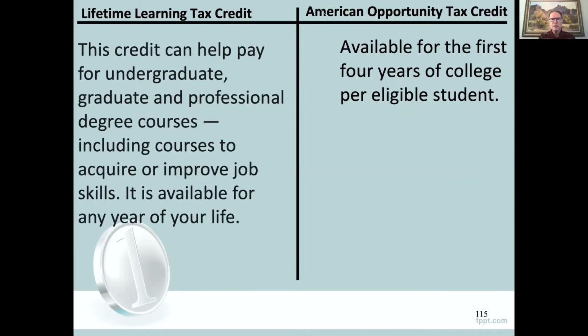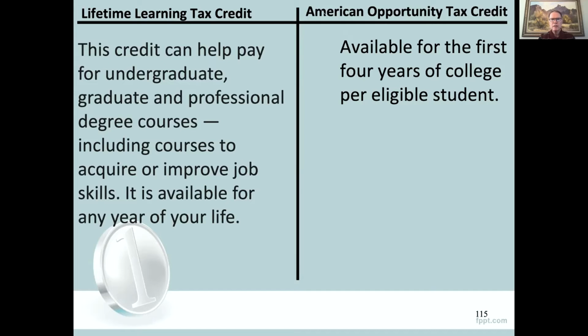Now, on these next few screens, I'm going to tell you the differences between the two. The American Opportunity Credit is available for the first 4 years of college per eligible student. You graduated from high school, you're going on to college, the American Opportunity Credit is the one to use. The Lifetime Learning Credit, it's just exactly what it says in the name. It's available every year of your life.